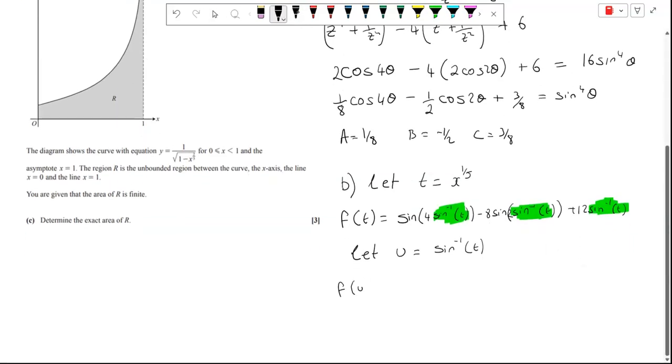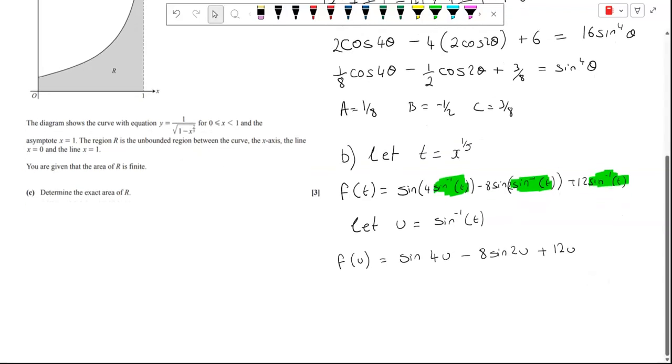So f of u is going to be sine 4u minus 8 sine 2u plus 12u. Okay, well, I'm asked to differentiate. So when I differentiate this, I'm going to slightly switch notation.